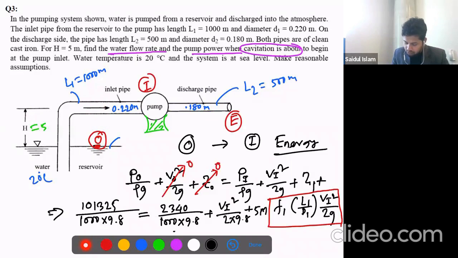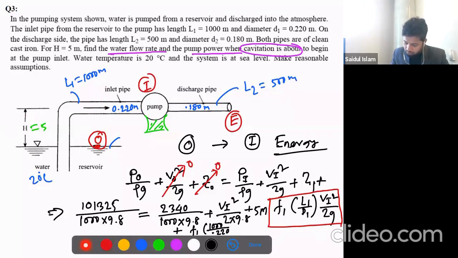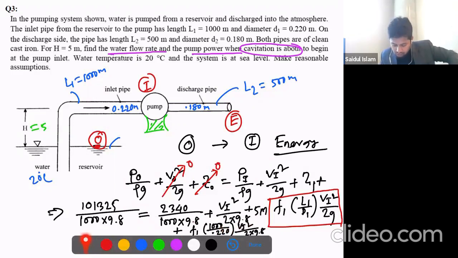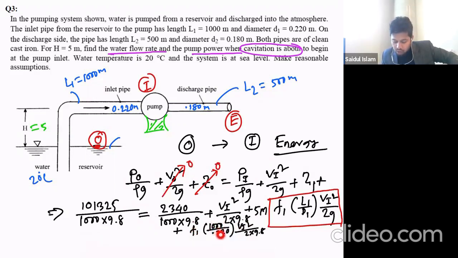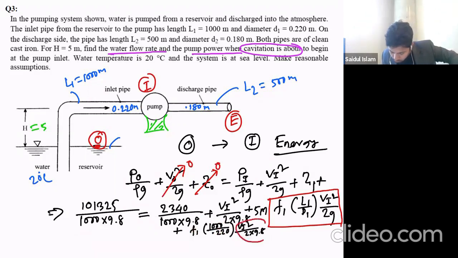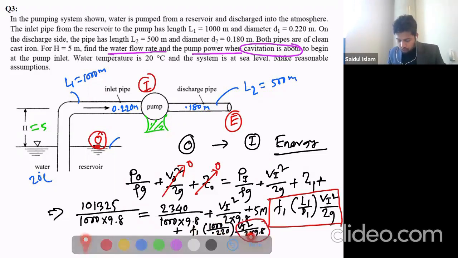5 meters. We have limited space here, so plus f1, which we don't know. L1 is 1000, diameter is 0.220, times V_I squared over 2 times 9.8.